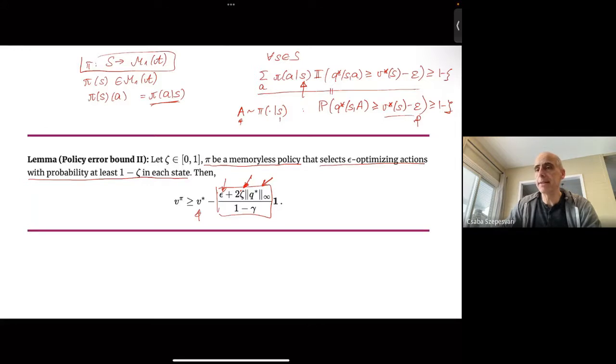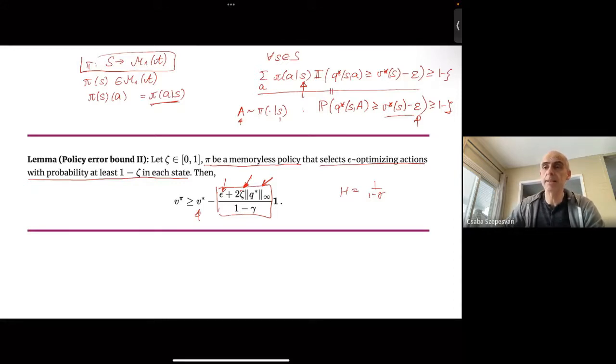The reason for that is the effective horizon. Nothing really matters beyond the effective horizon, so you should be prepared for roughly h, which is 1 over 1 minus gamma, times recycling the randomness. And we'll talk about union bounds.